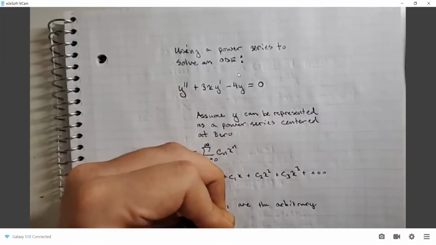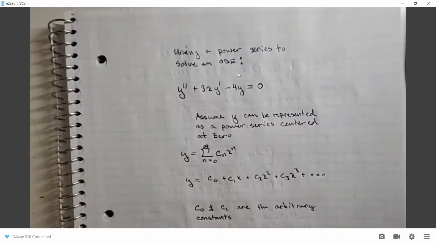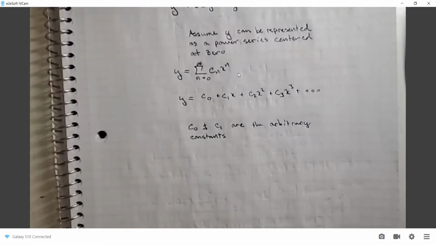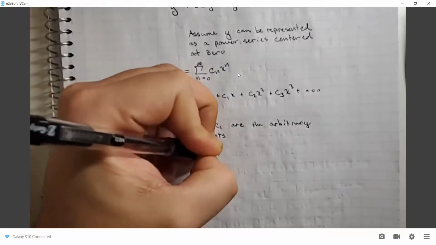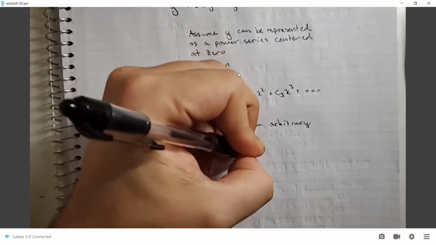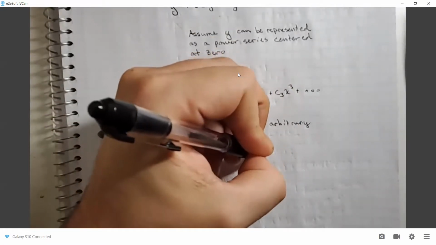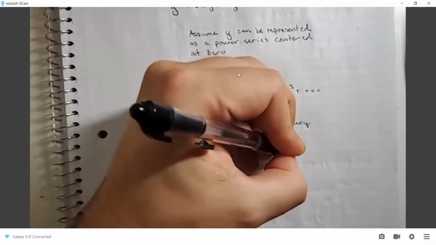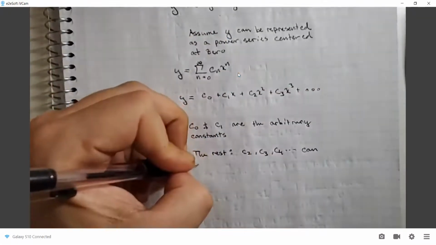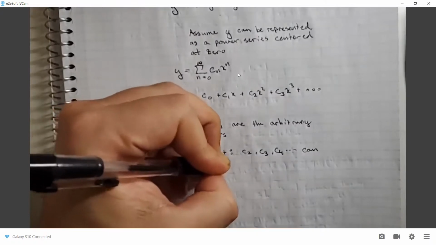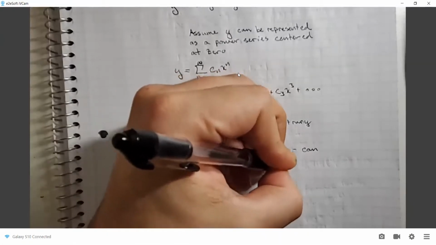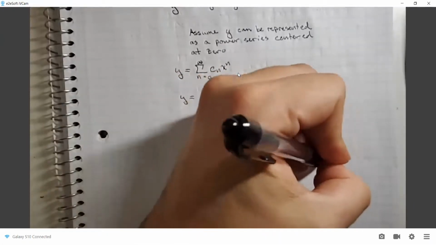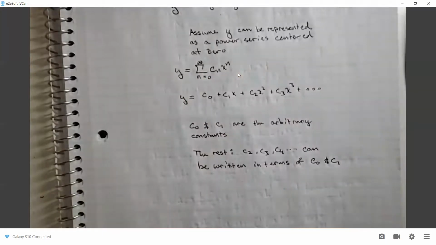And then the rest of the coefficients, the C2, C3, C4, etc., can be written in terms of C0 and C1.